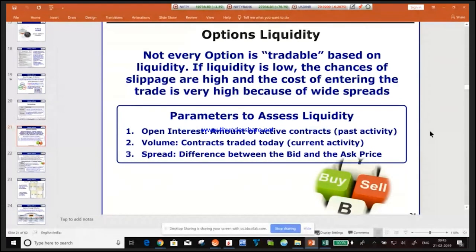Not every option is tradable based on liquidity. If liquidity is low, and liquidity is nothing but volume, by the way, the chances of slippages are very high and the cost of entering the trade is very high because of wide spreads. Is that clear?